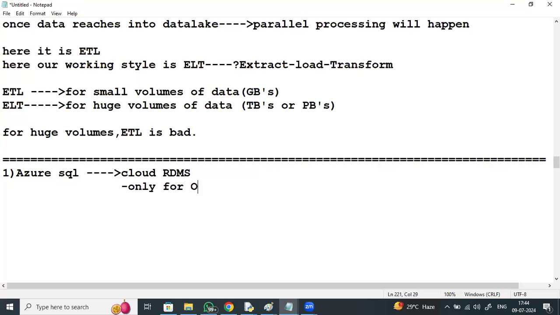Only for OLTP operations, online transactional processing. Not for data warehouse, not for analytics, not for batch processing.